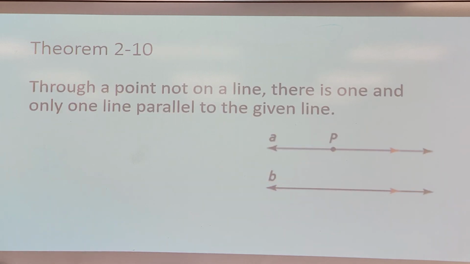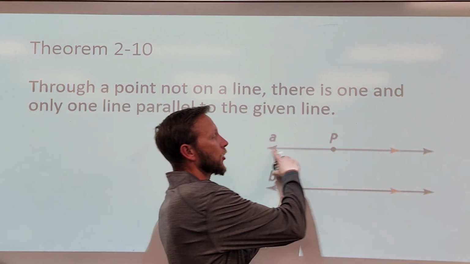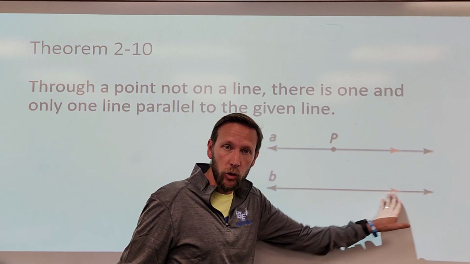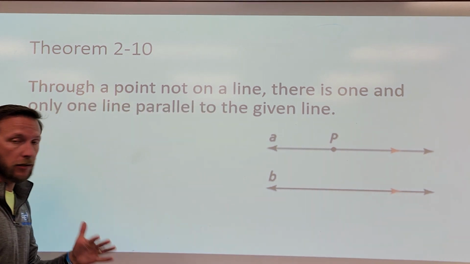All right, so this first fun fact, Theorem 210, states that through any point in space and given a line, we can draw a line through that point that is parallel to another line in space.